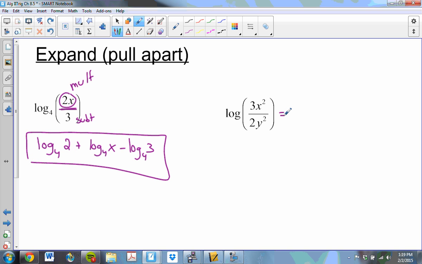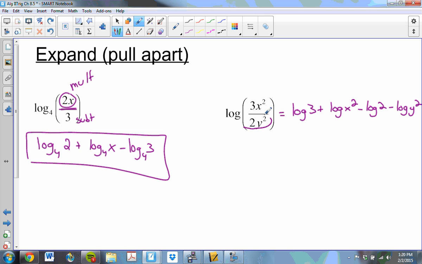So here, multiplication becomes addition, so it's log base 3 of 3 plus, I'm sorry, that's base 10, not base 3. This is just log of 3 plus log of x squared, and then minus log of 2, and minus log of y squared.